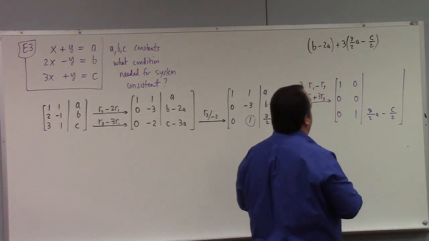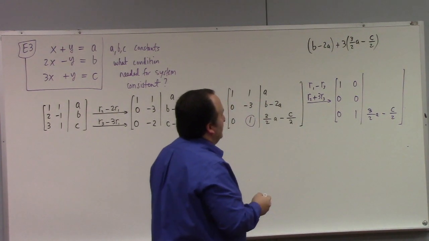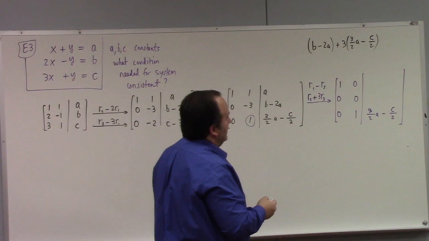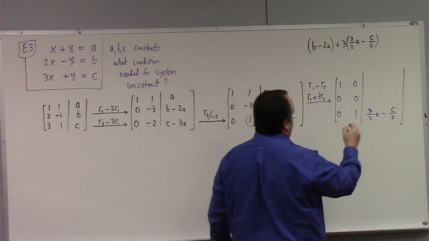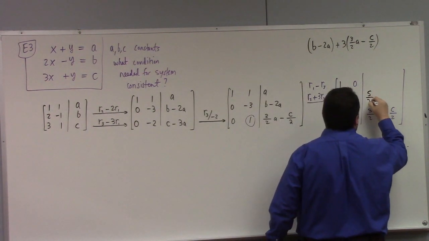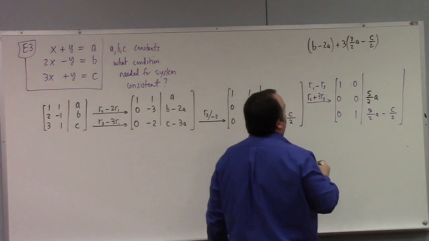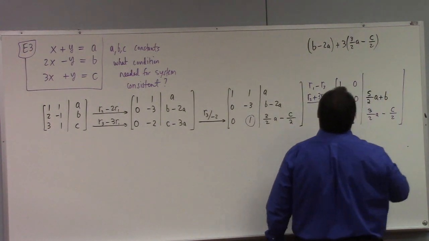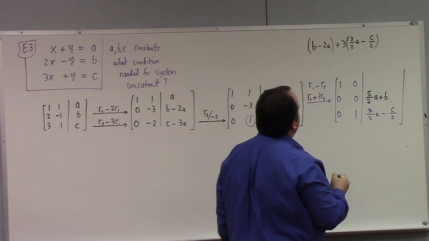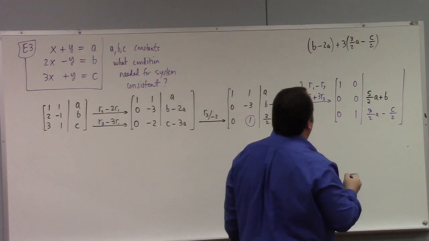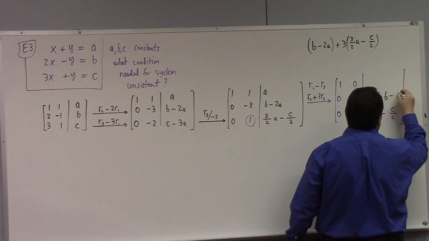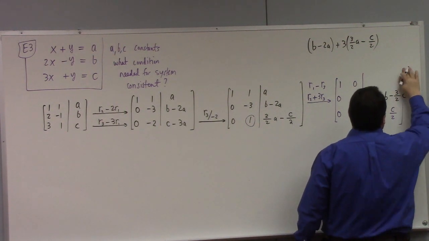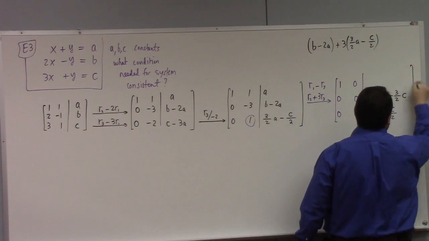That's 9 halves minus 4 halves, which is 5 halves A. There's a single B, that's lonesome there. And how many C's do I got? Looks like a minus 3 halves C. All right, so that's that one.